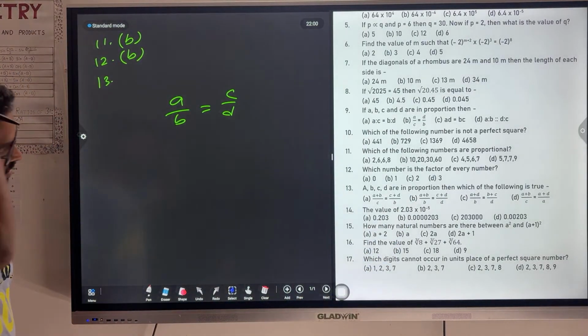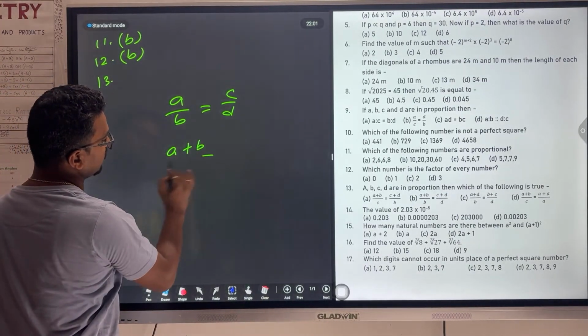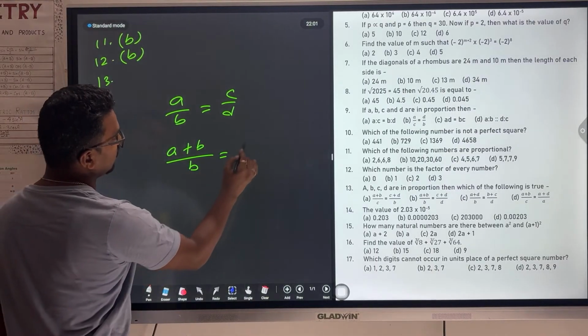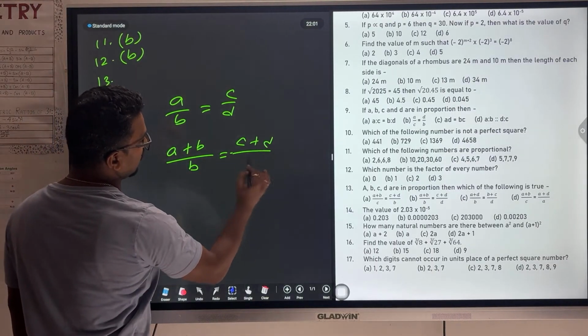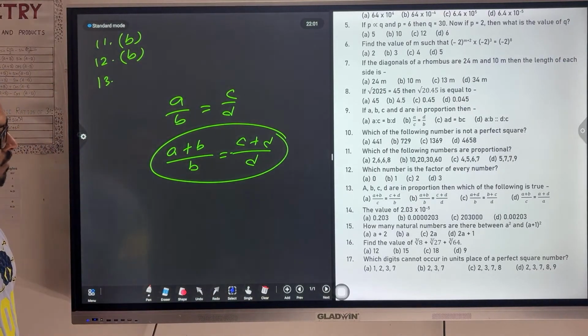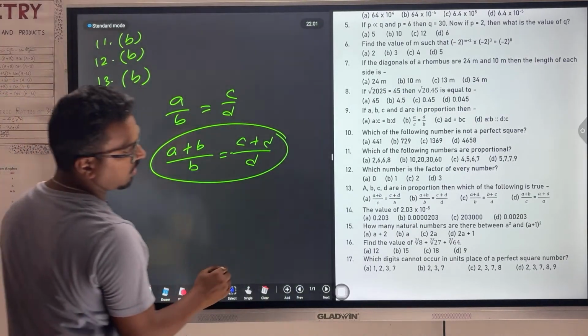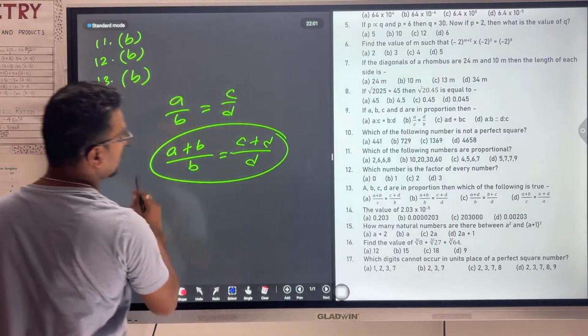Componendo. Have you heard about componendo? It means if we add the denominator to the numerator, in that case also it will be proportional. So what will the option be? Our option is B, A plus B by B and C plus D by D. Okay.